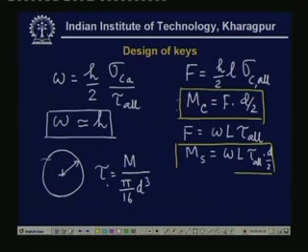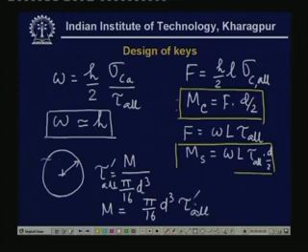For the maximum value, this is tau allowable. Now let me call it tau allowable prime when we talk of the shaft. Now the strength of the shaft is pi by 16 times d cube times tau allowable prime.